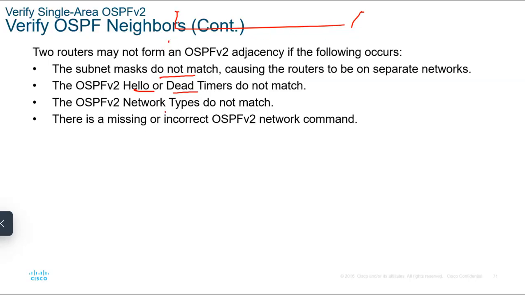The network type does not match: if this side you have point to point and this side you have broadcast, it's still not going to work. There is a missing or incorrect network command: if the network that you've advertised this side is not the same as this side, the OSPF adjacency will not occur.